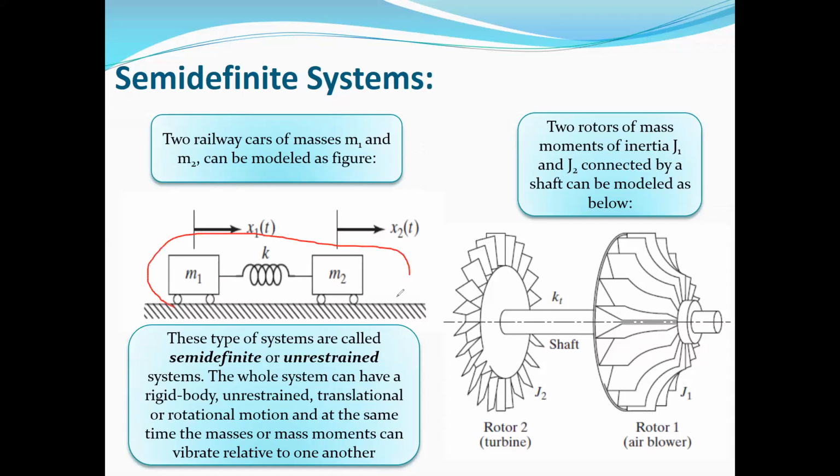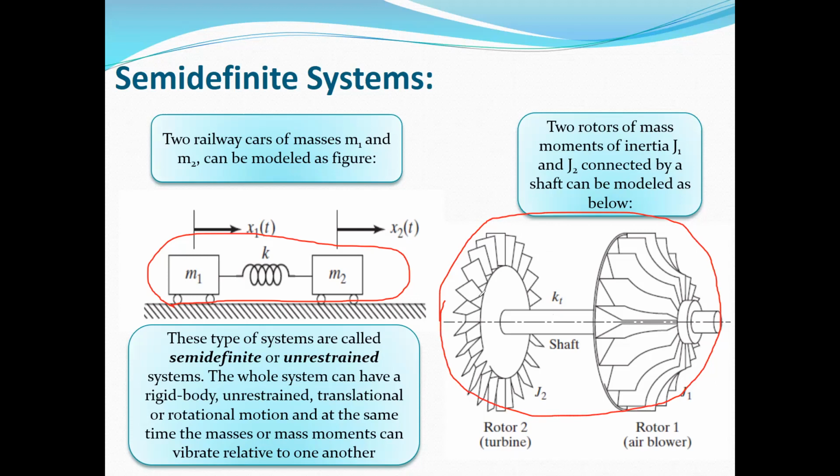I mean, if we separate, this system can move as a rigid body. M1 and M2 can move to the right or left with the same velocity as a rigid body. Or here, with these two shafts, this system can rotate without any vibration as a rigid body can move.